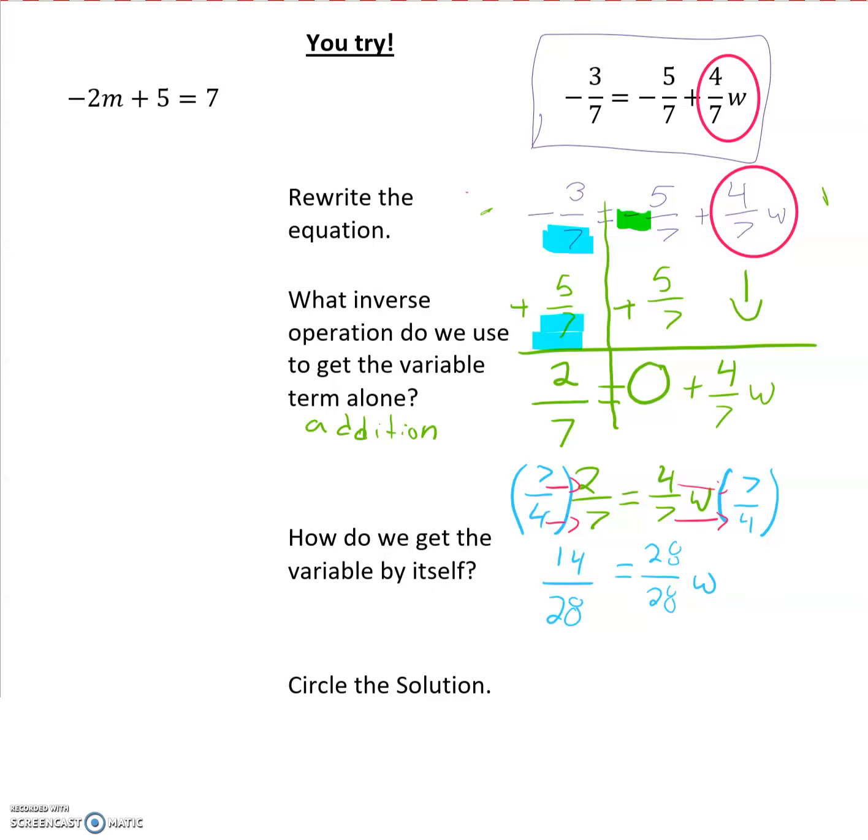Now, if we reduce all of these fractions down, we know that 14 and 28, pretty similar numbers, you can get 1/2 out of that because 14 is half of 28. And 28 divided by 28 is 1, which leaves you with 1W. And again, we can rewrite our 1W as just the variable. Okay? And our last step, as always, circle that equation.